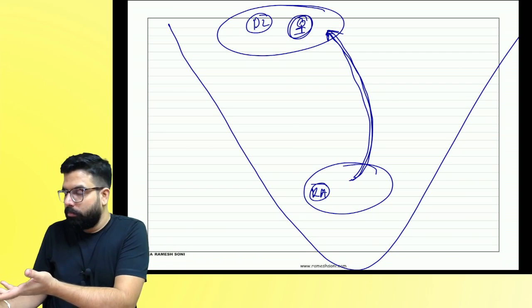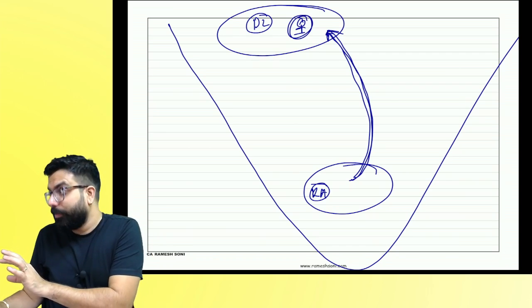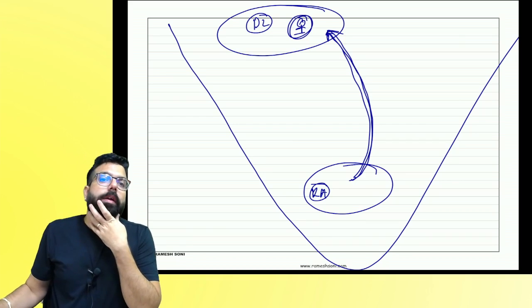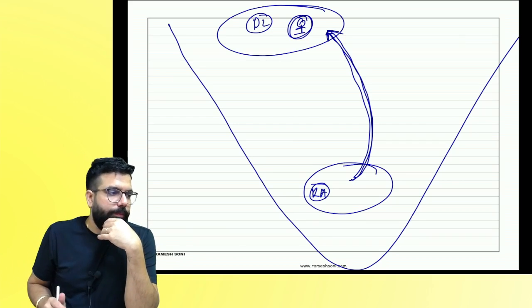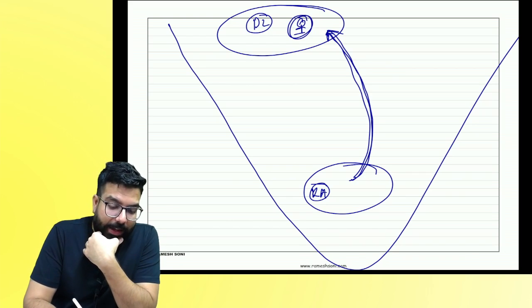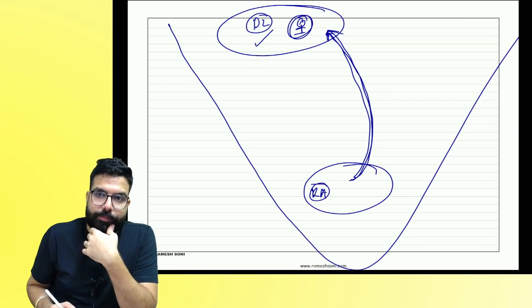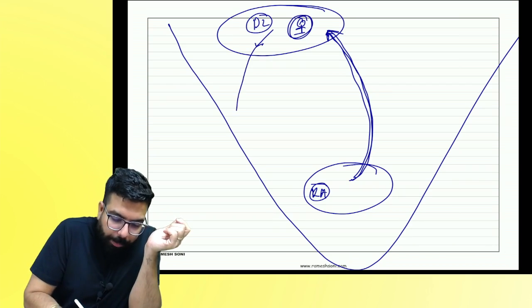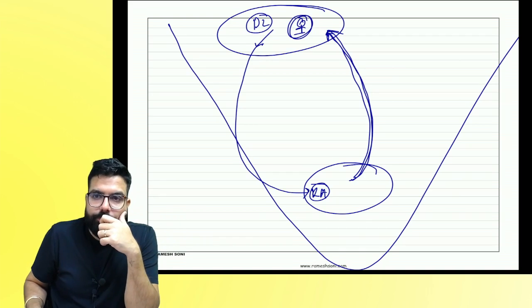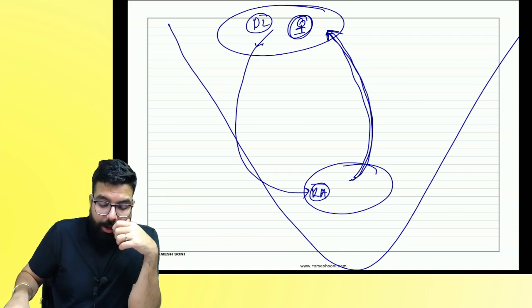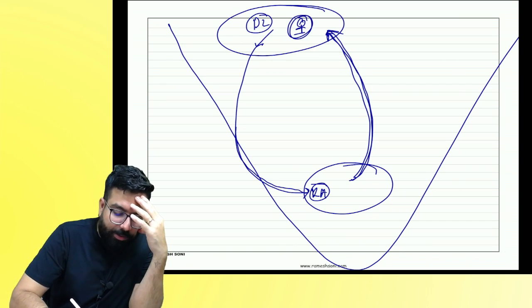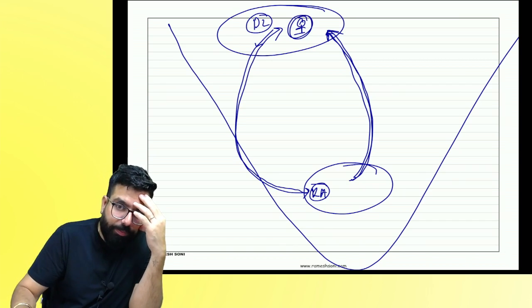Yes or no, everyone? It means you will forget principles. See, I'll give you another example. There is a guy in Delhi who makes cigarettes. He sells to one person in Karnataka. Or a person in Karnataka makes cigarettes and sells to one person in Delhi.